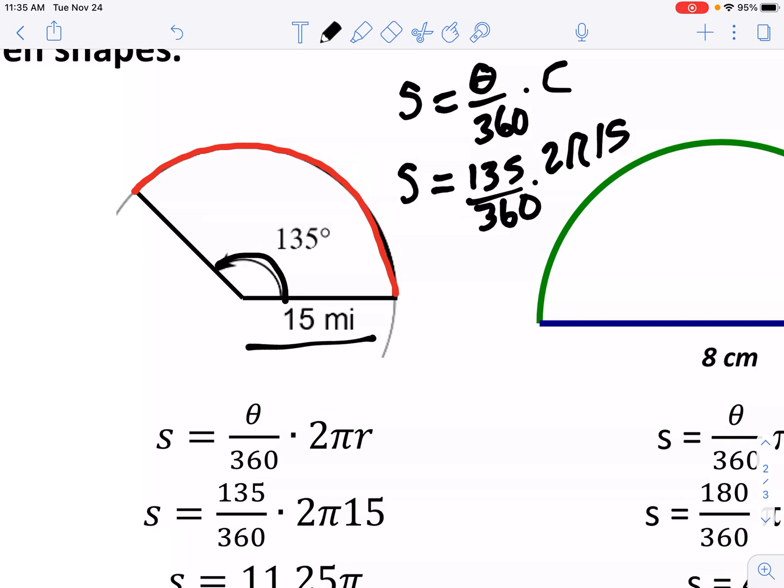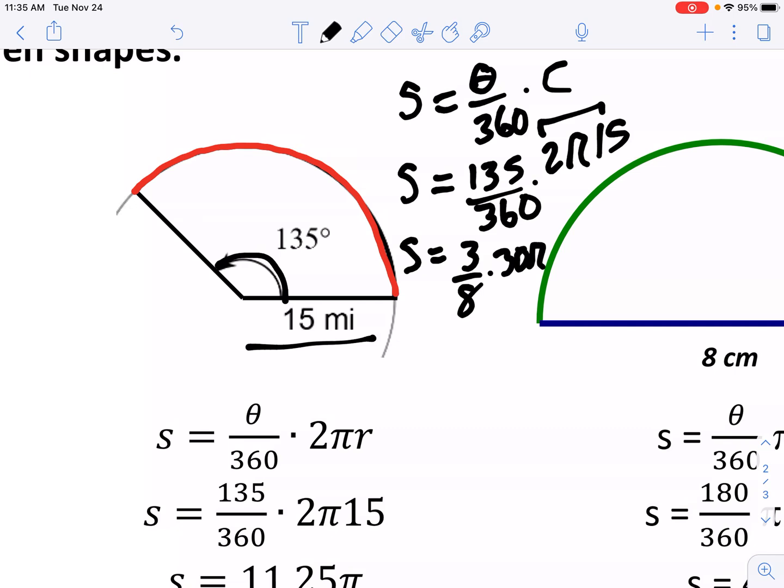Okay, so now we just need to simplify things out. We could simplify the fraction in our calculator, and that comes out to be about 3/8, and then multiply that to 2 pi r. Well, if we just multiply our 2 and 15, that'd be 30 pi.